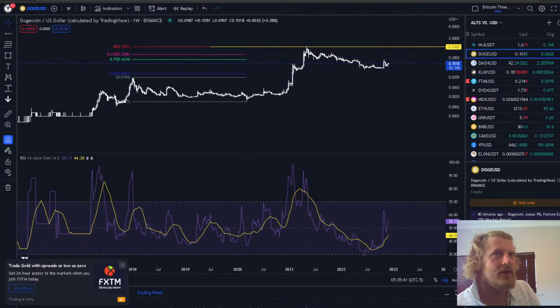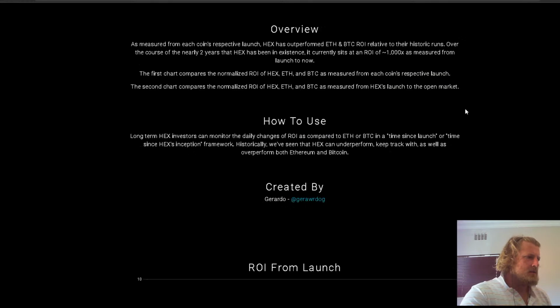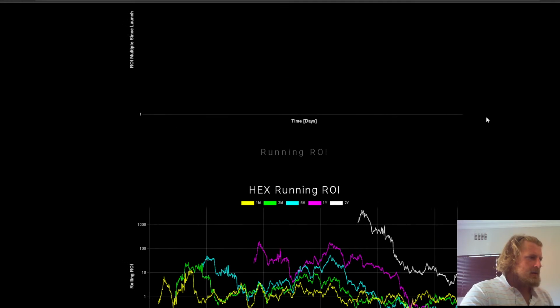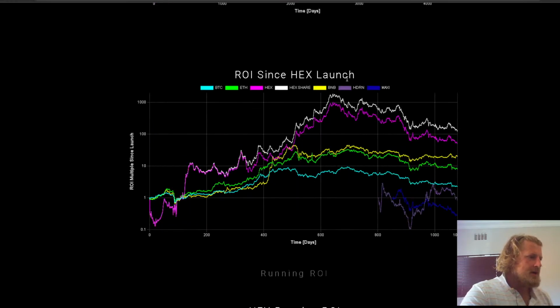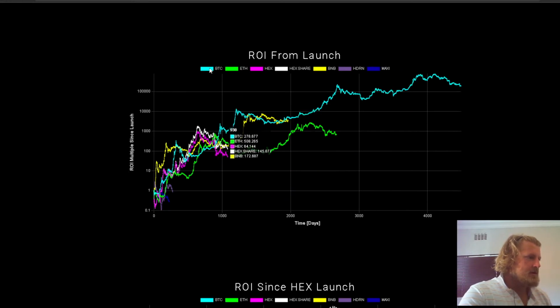Because if we go look into hex.com, Hex is outperforming what Bitcoin had done, right? Let's just wait for this to load. So ROI since launch, right? Let's remove all of the others, BNB, Hedron, Maxi.